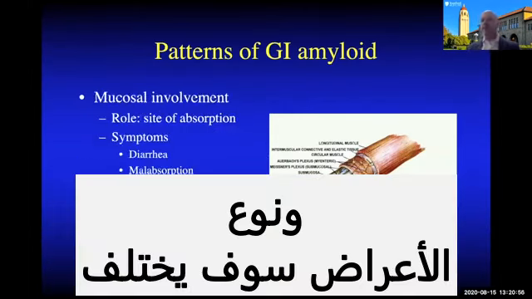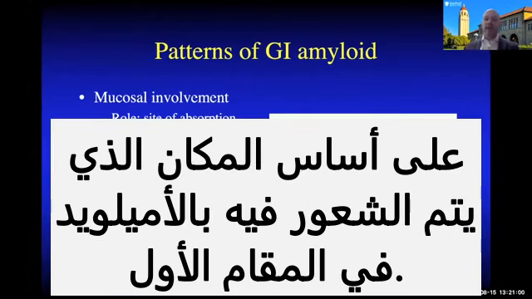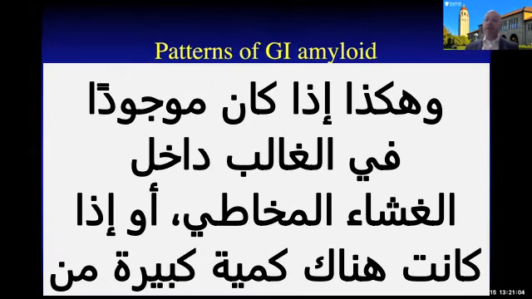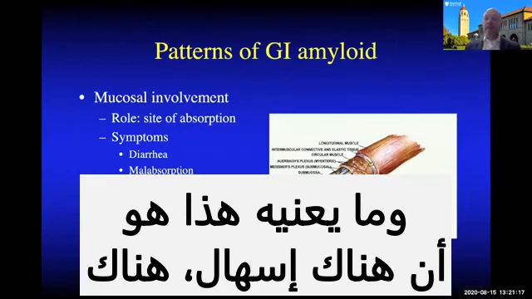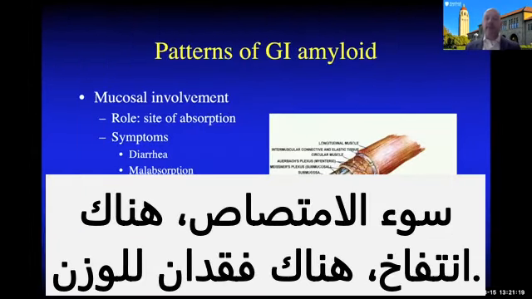And the type of symptoms are going to vary based on where the amyloid is primarily felt. And so if it's mostly present within the mucosa, or if there's a significant amount of mucosal involvement, then the main thing that we tend to see is a change with absorption. And what that means is that there's diarrhea, there's malabsorption, there's bloating, there's weight loss.